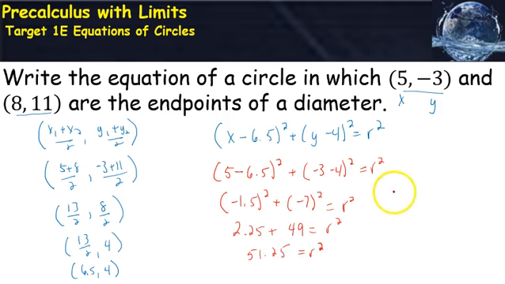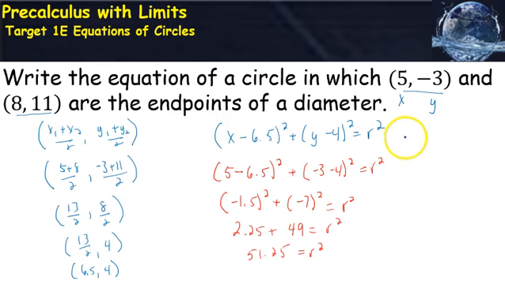So my equation is (x - 6.5)² + (y - 4)². Okay, I'm running out of room. I'll choose another color and write it in a different color so it doesn't run into it.